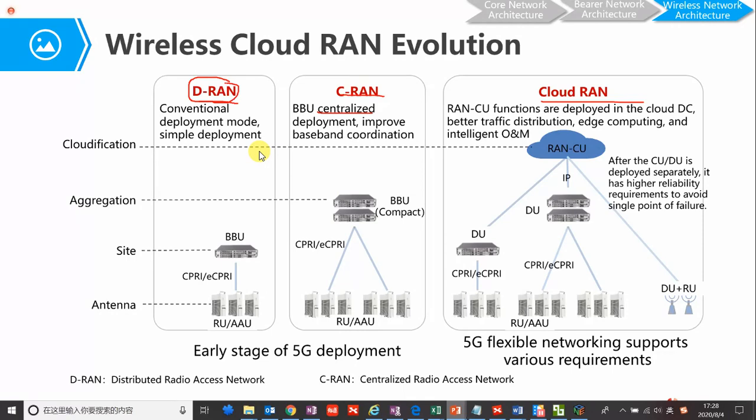CRAN means the BBUs are installed in a central equipment room, a centralized BBU deployment. The advantage is that it can improve baseband coordination and utilize the BBUs' baseband resources. A lot of BBUs installed together can share their resources and coordinate baseband resources.